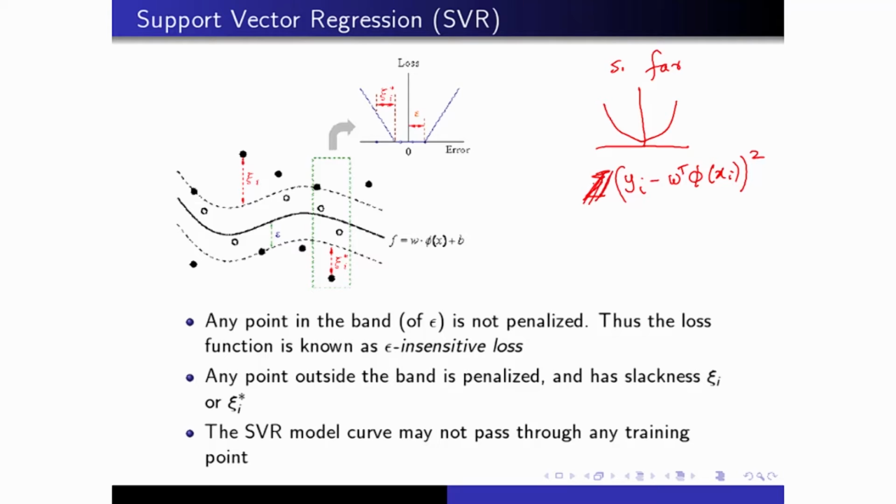So we ignore the summation, and we find that the more the deviation of yi from w transpose phi xi, the faster the error grows. So you could think of this x-axis as epsilon i centered at 0.